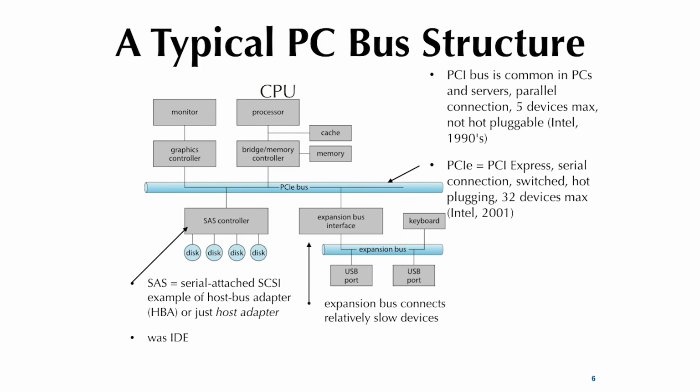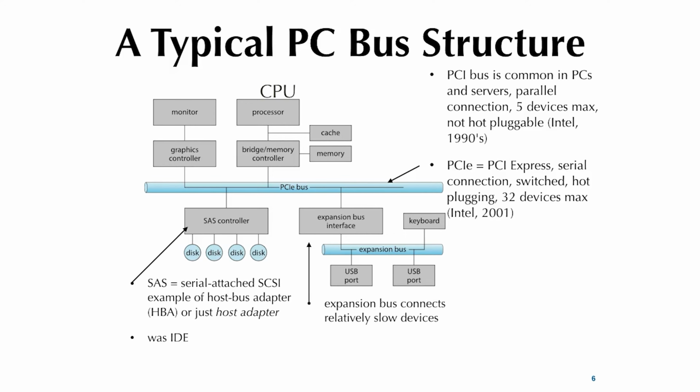Even before then, there were different bus standards. But the idea was you have parallel wires running, and that was how they were able to achieve relatively high bandwidth in those days. They didn't know how to clock very fast. So those are parallel buses. But the problem is when you have lots of wires running in parallel, you have clock skew, so you can't clock very fast in the first place.